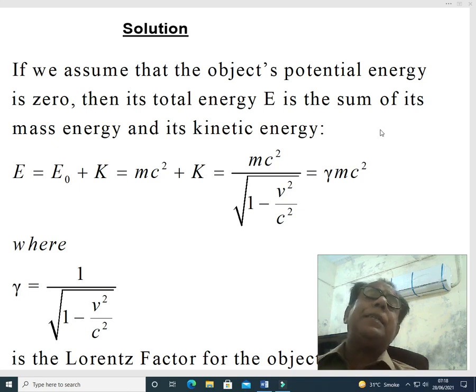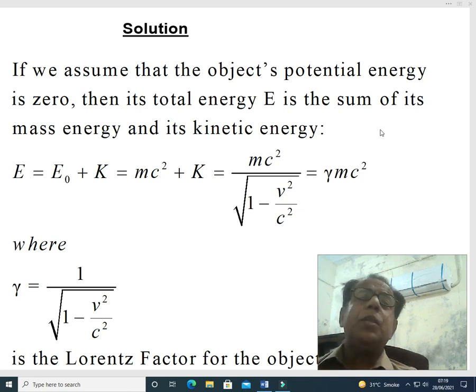This expression alternatively becomes equal to mc square over square root of 1 minus v square over c square. Here, dear students, this factor, that is 1 over the square root of 1 minus v square over c square, is denoted by gamma and is called the Lorentz factor for the object's motion.